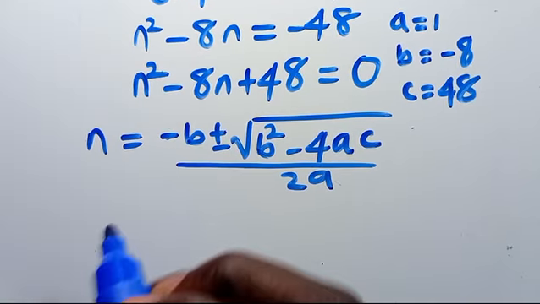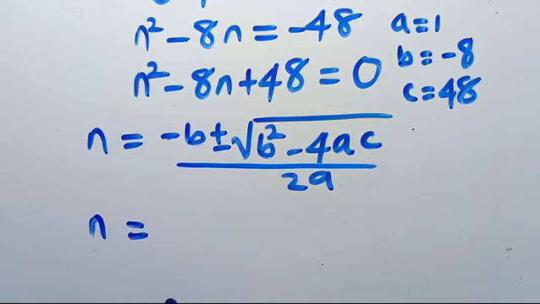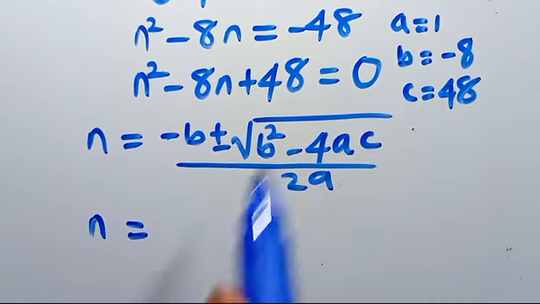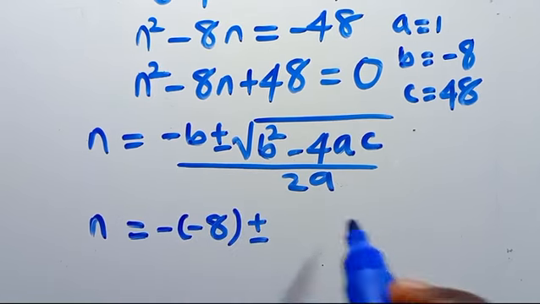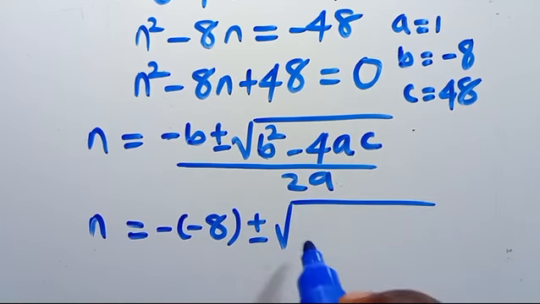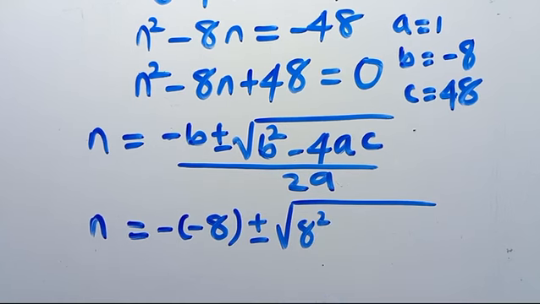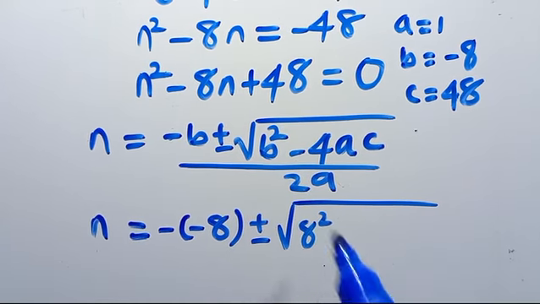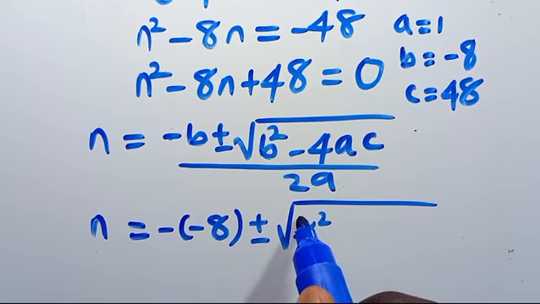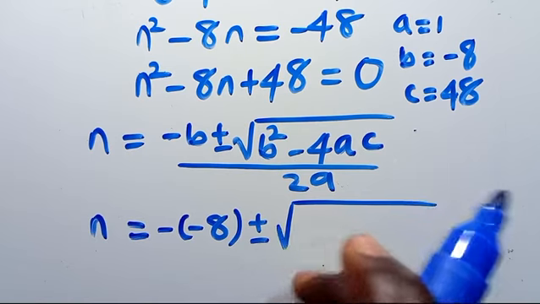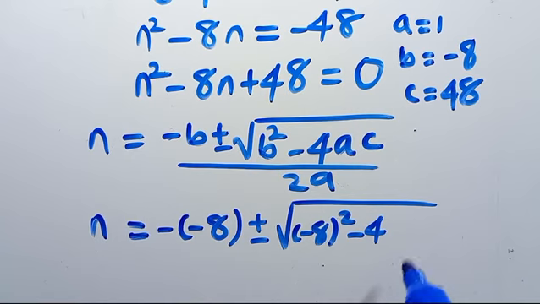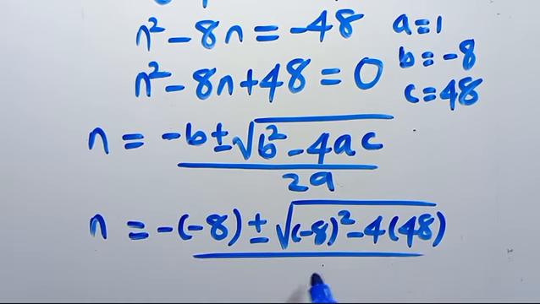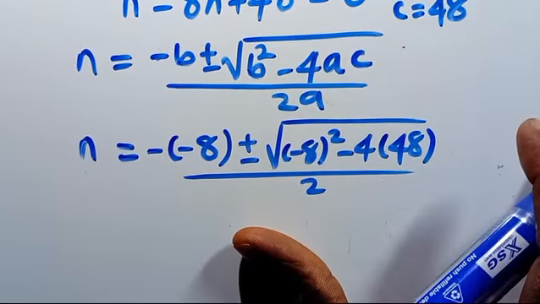Now from here we are going to have n equals minus, here is already minus, so minus into minus 8, positive or negative, square root of 8 squared minus 4 times a, which is 1, times c, which is 48, over 2 times a, which is 1.